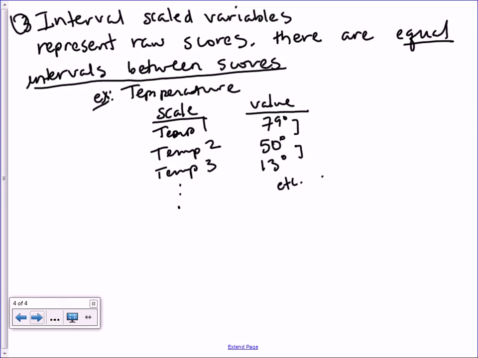It means that we count the temperatures by ones, right? 1 degree, 2 degree, 3 degree, 4 degree, 59 degree, 60 degree, essentially like that.